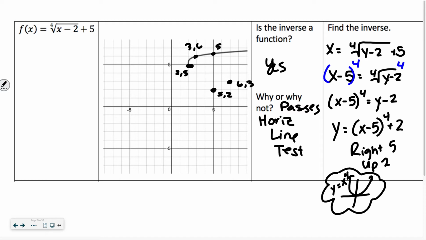I'll pick this as like 5 and 6.3. So 6.3 and 5 is on my graph. Don't I only get one side of that graph?